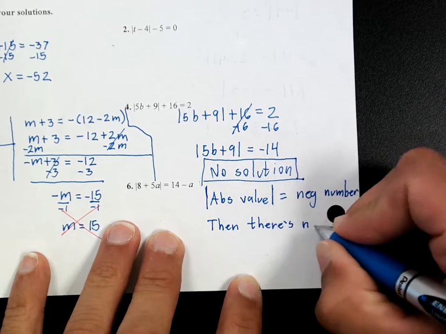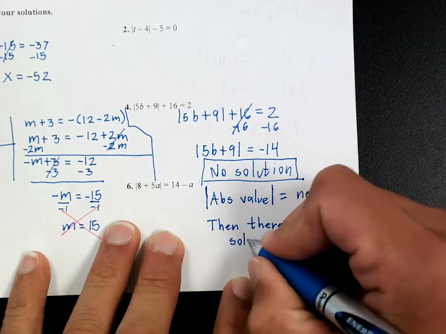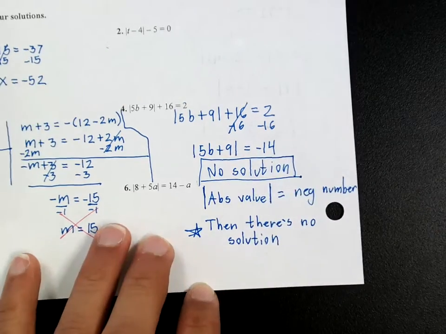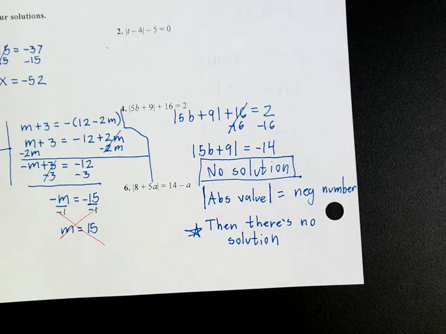There's no solution. Okay, so that's the one you have to remember. There's two problems that I'm going to assign on your homework, and there's literally almost no work to be done if you recognize that. So again, one absolute value is equal to a negative number. That's the only time you can do it.